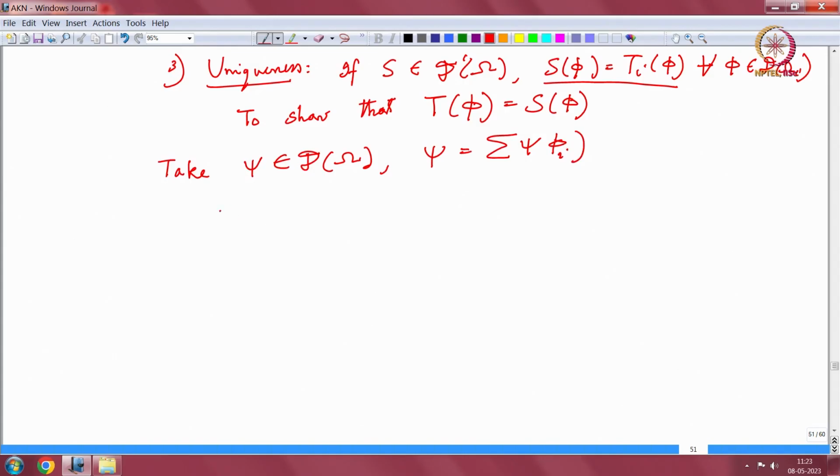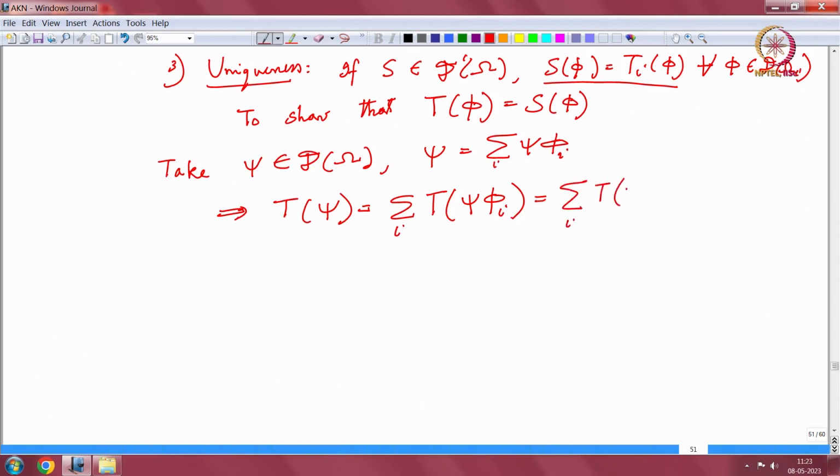Psi equals summation of psi phi I, that implies T psi equal to summation, by definition, over I, T of psi phi I. But then T of psi phi I is equal to Ti of psi phi I, as psi phi I has support in omega I. Okay.